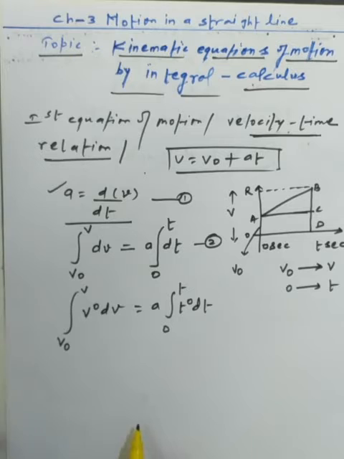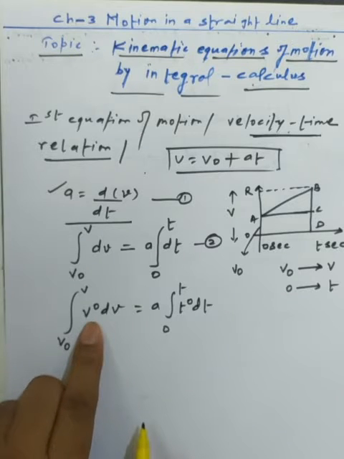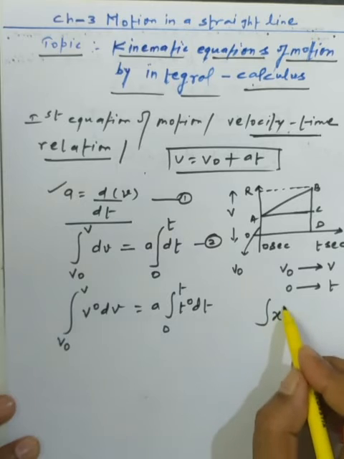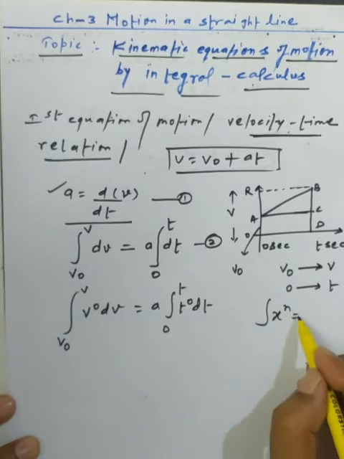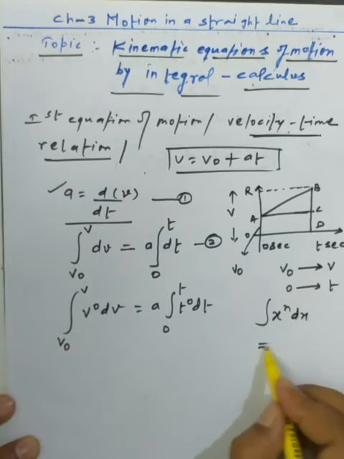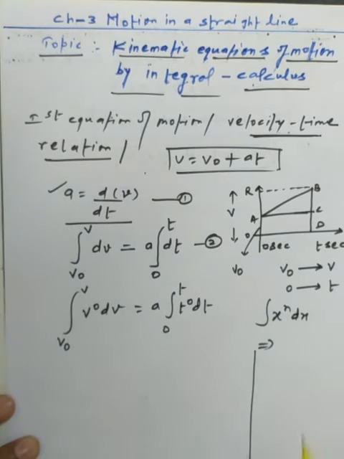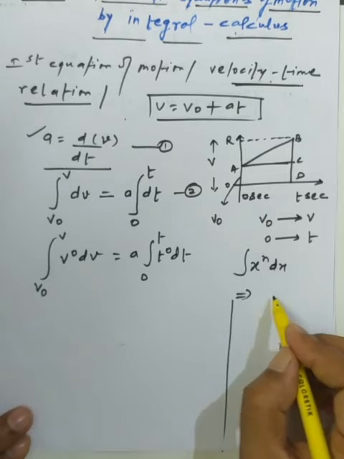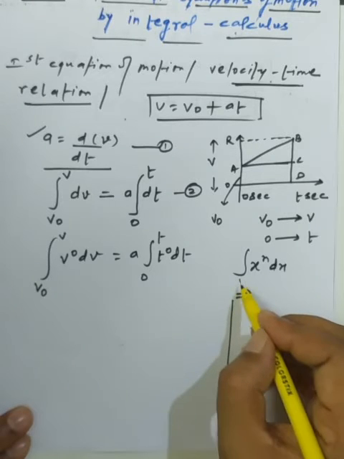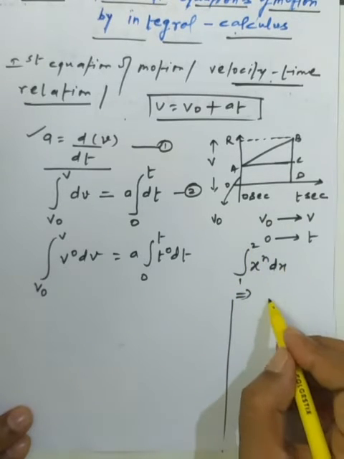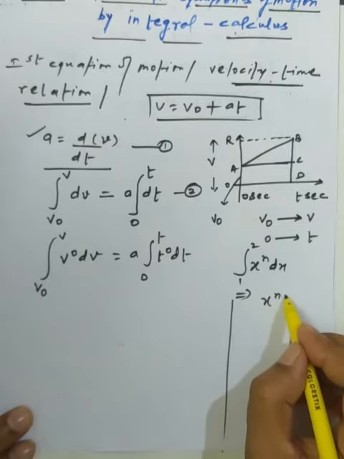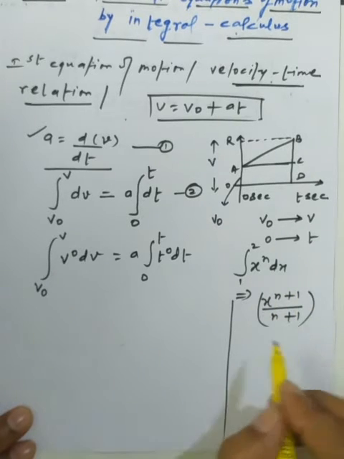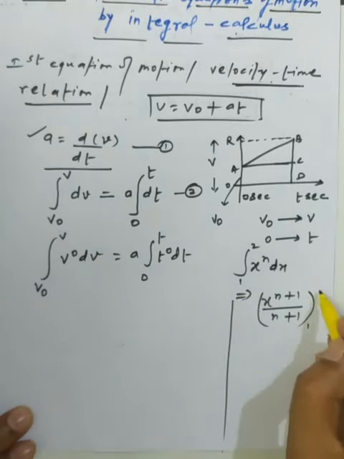Now it's a very easy integral, the power integral, and already we have discussed it: if we take the integral of x raised to n dx, further I am repeating it in short, so just pay attention. Whenever we take the integral, suppose the limit is 1 to 2, we write x raised to n plus 1 divided by n plus 1, with the limit 1 to 2.